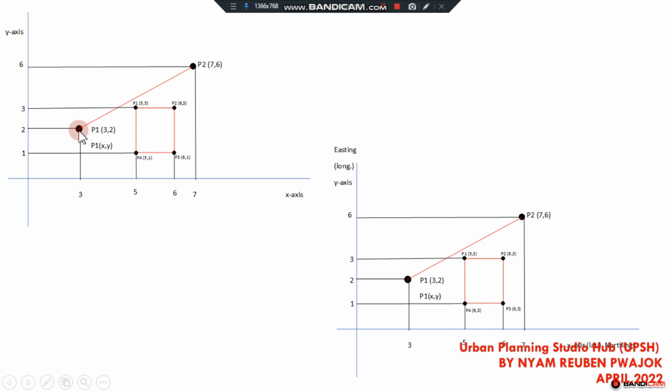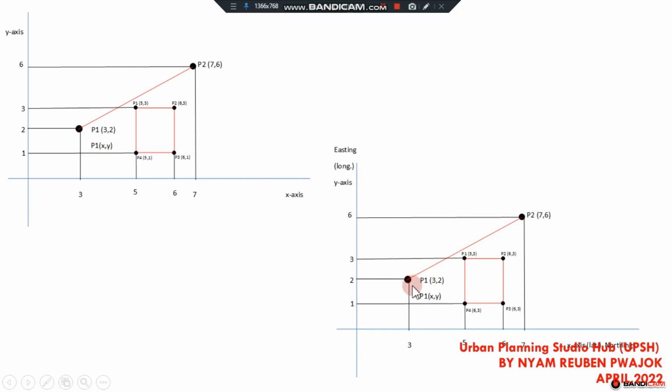By the time we draw a line to connect these points, we now have a line feature. That's why we say it's a pair. We now have two pairs of coordinates, P1 and P2, and P1 has a coordinate of 3, 2. P2 has 7, 6. That is 3 on the x-axis, 2 on the y-axis, and 7 on the x-axis, 6 on the y-axis, just as x, y.